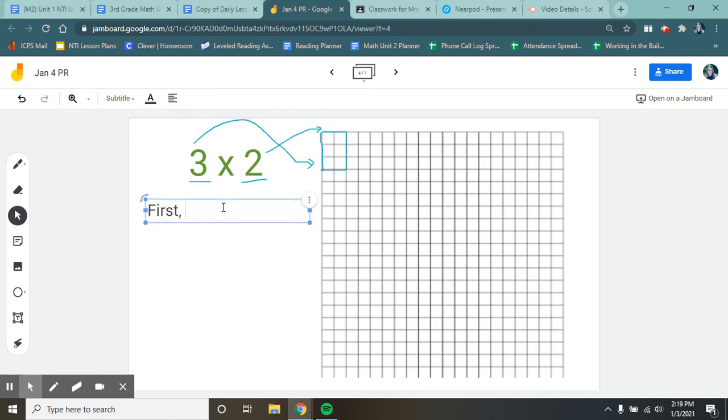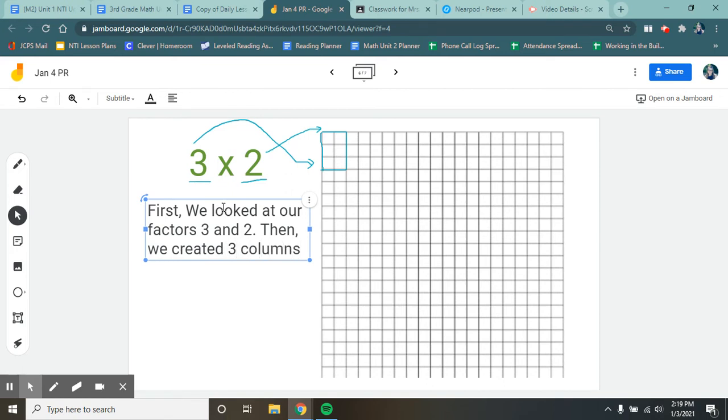So first, we looked at our factors 3 and 2. Then we created 3 columns. Remember, columns are going up and down the side.